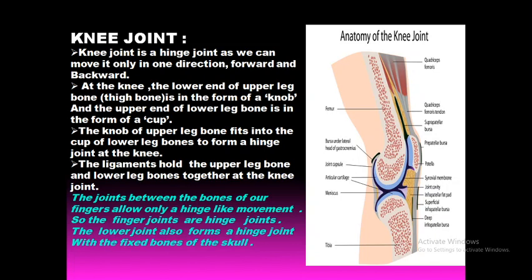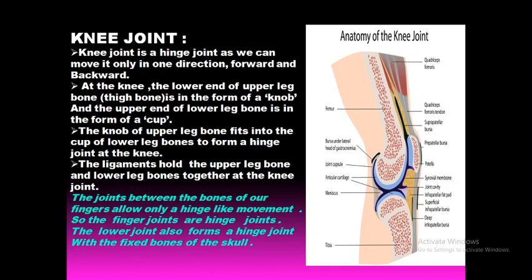Similarly, the lower end of the thigh bone is in the knob shape, and the upper end of the lower leg bone is in the cup shape. So the knob of the upper leg bone fits into the cup of the lower leg bone to form a hinge joint. The ligaments hold the upper leg bone and lower leg bones together at the knee joint.